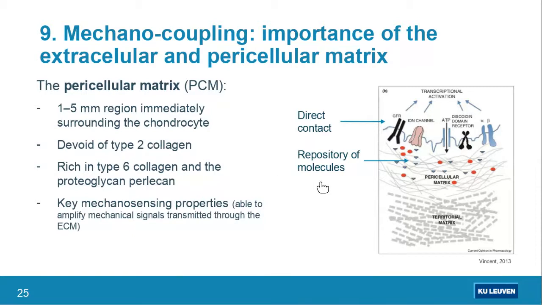So these molecules are going to be stored in this area, so in this pericellular matrix, maybe being bound to perlecan or in the middle of the network. And once mechanical loading is applied, these molecules are going to be released, and they would trigger also specific responses in the chondrocytes. So these are the mechanisms that are currently known about how this pericellular matrix contributes to the process of mechanotransduction, and more specifically to the process of mechanocoupling.